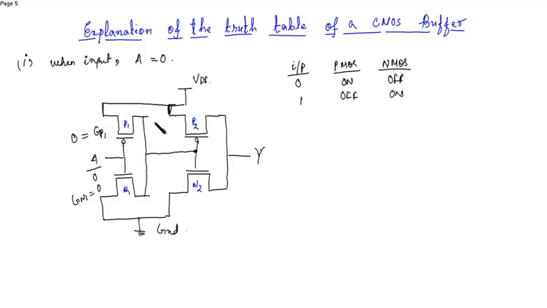So P1 will turn on and get short circuited, and when N1 turns off, it gets open circuited.